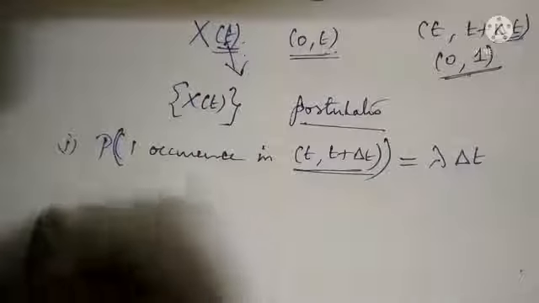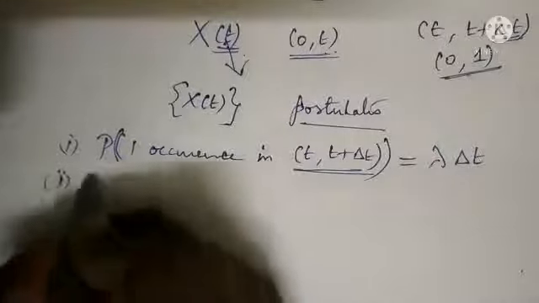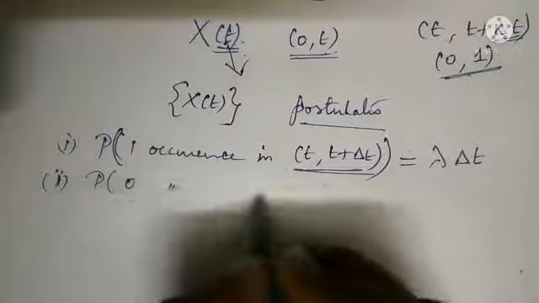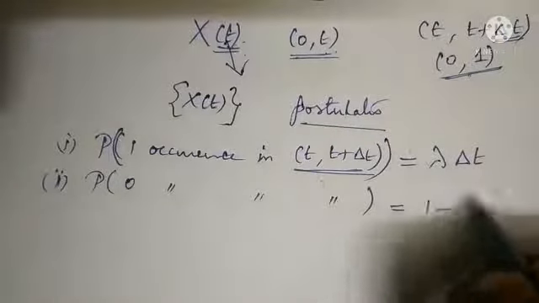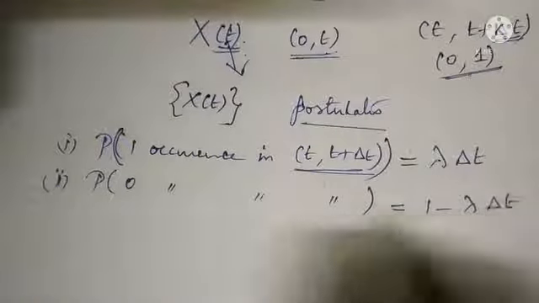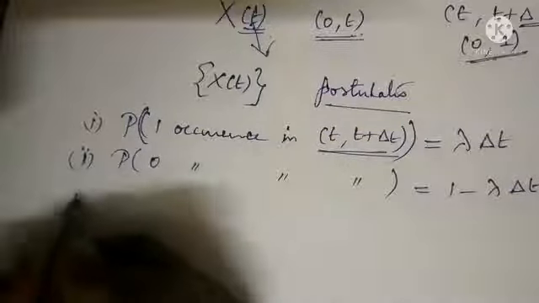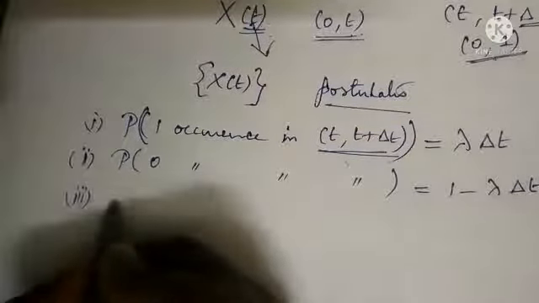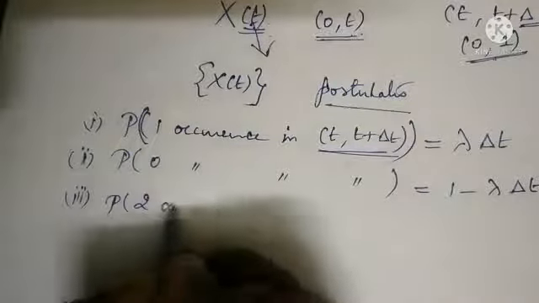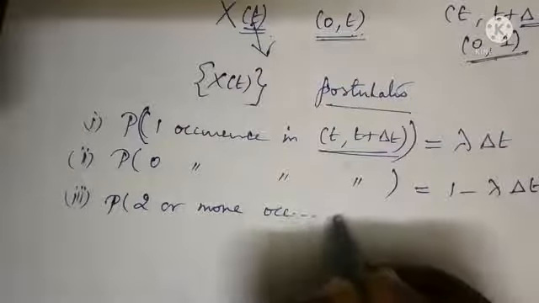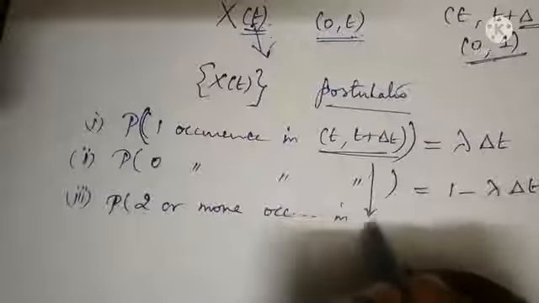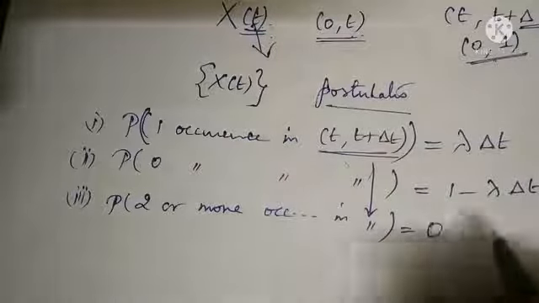Second postulate: probability of zero occurrences in the small duration is 1 minus lambda into delta t. Then the third one: probability of two or more occurrences in this interval is 0. Why is it 0?